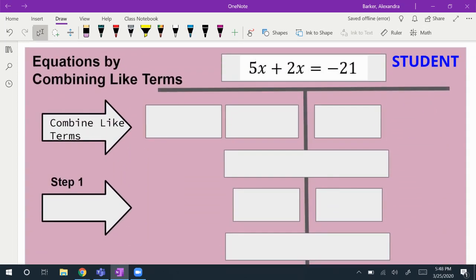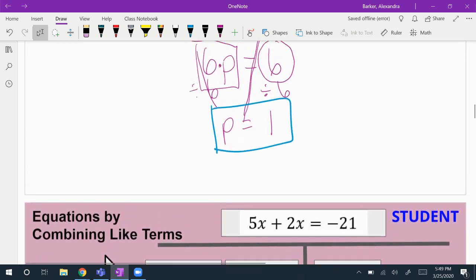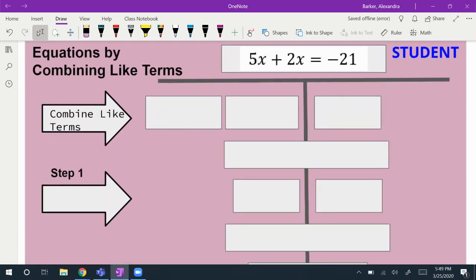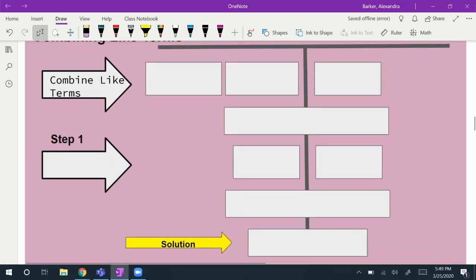Fantastic. I want you to try and do this one on your own. This one is very similar to the example. Start off by combining your like terms here. And once you've combined your like terms together, go ahead and finish out the rest of your steps, okay?